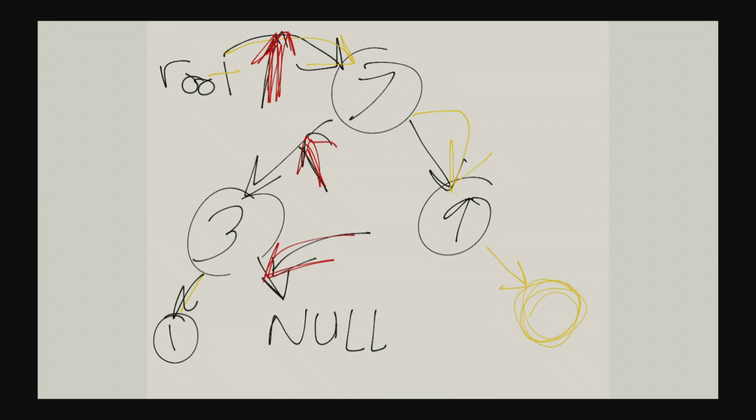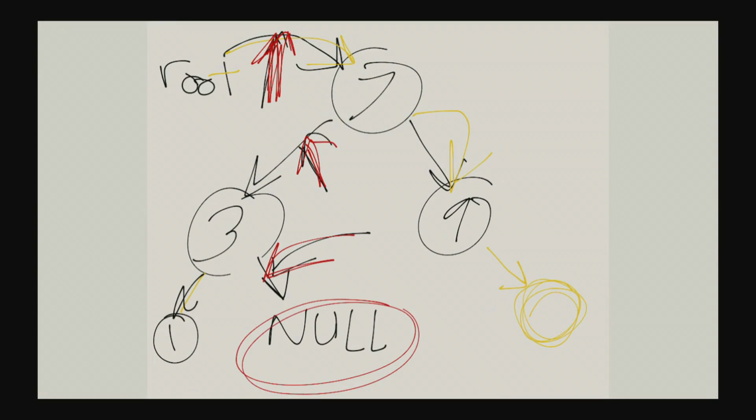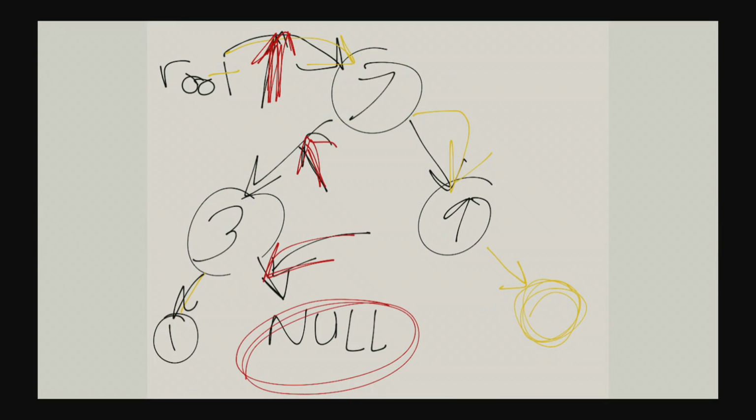So if star my red pointer, which is my node star star, is ever null, that means I am focusing on a pointer that belongs to a leaf. And I want to change this pointer to point to my new node.